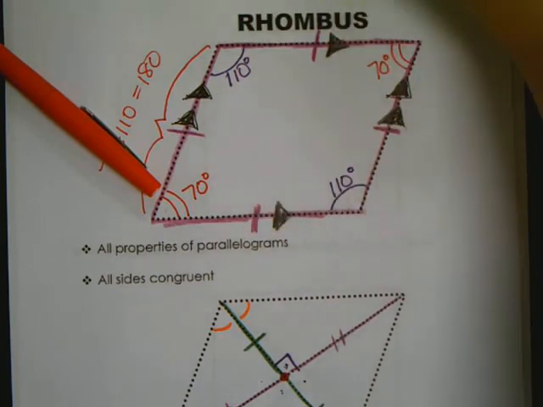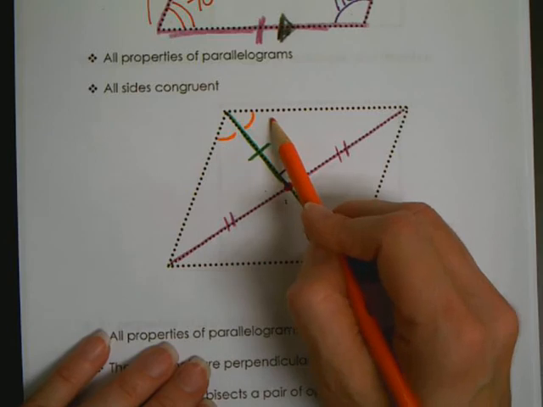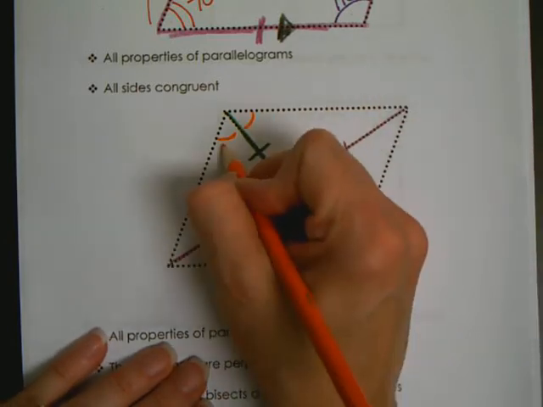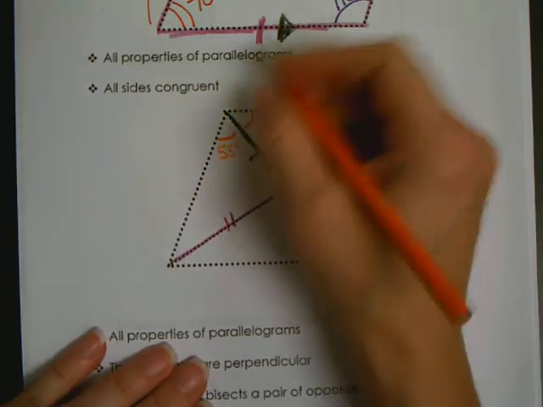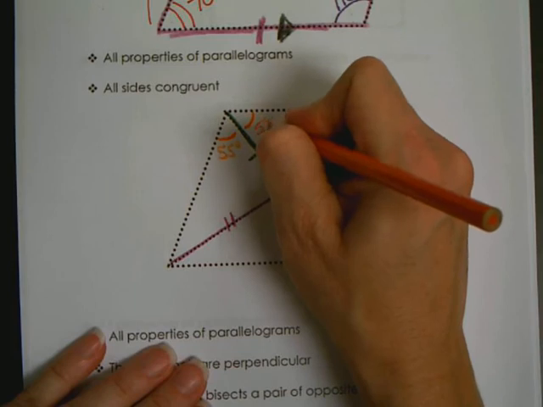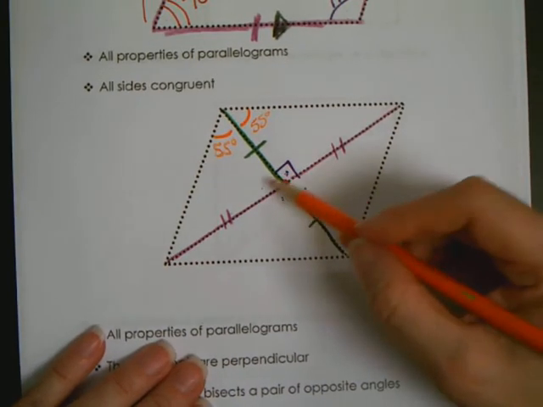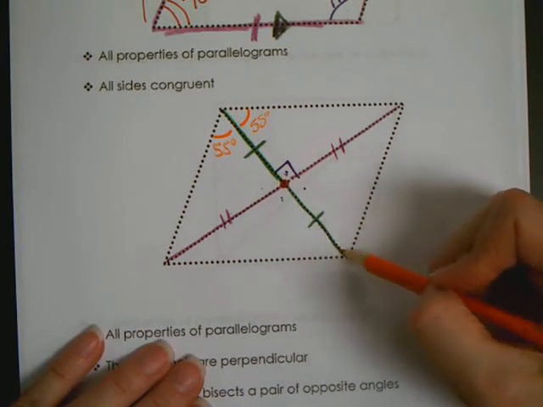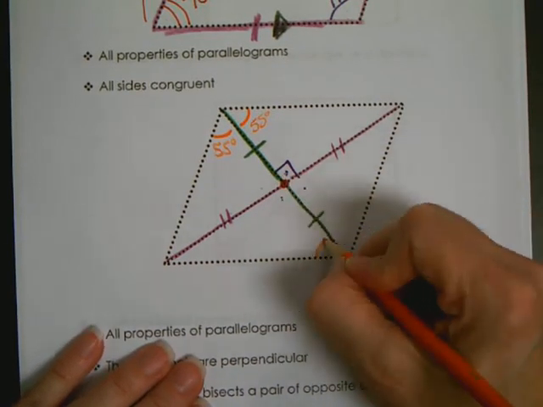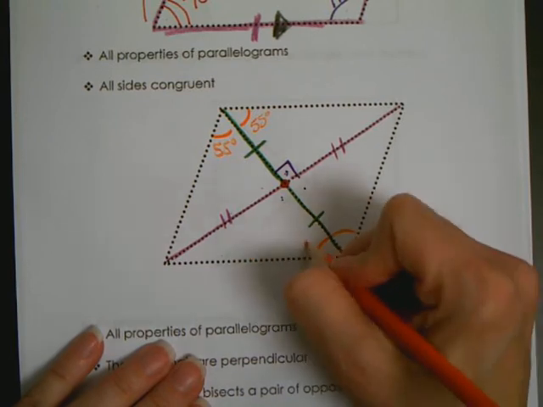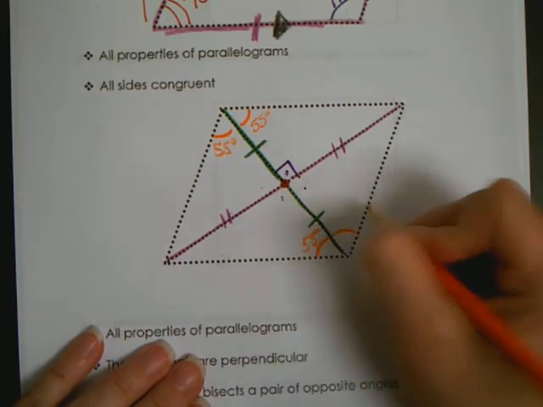If that's the case, then each one of these angles would be what? 55. So we've got a 55-degree angle here and a 55-degree angle here. And opposite angles are congruent, so booyah, over here, opposite angle, both of those are 55 degrees as well.